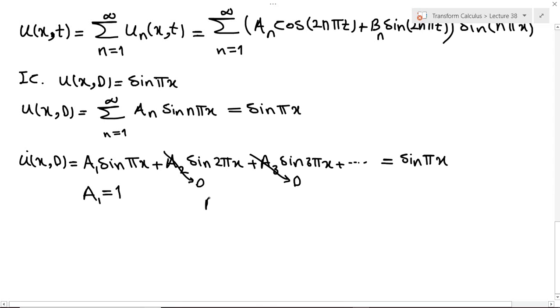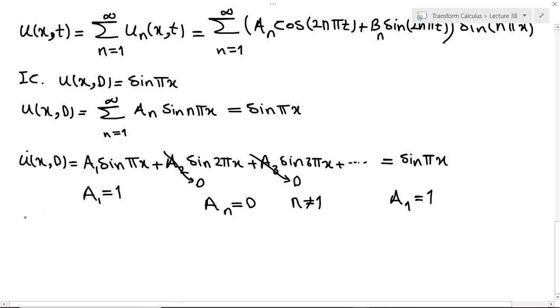So in fact, I assume that a_n is equal to 0 for all the values of n, but n cannot be equal to 1. For n equal to 1, we have a1, which is equal to 1. Based on this assumption, the right hand side of the equation is equal to the left hand side. So we could find a_n using this technique.